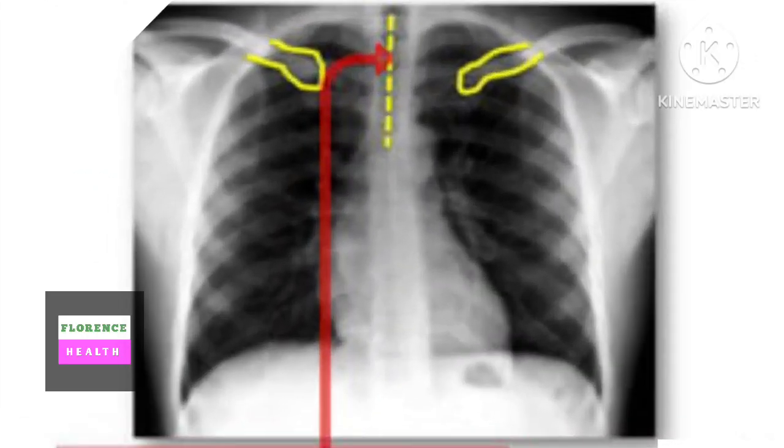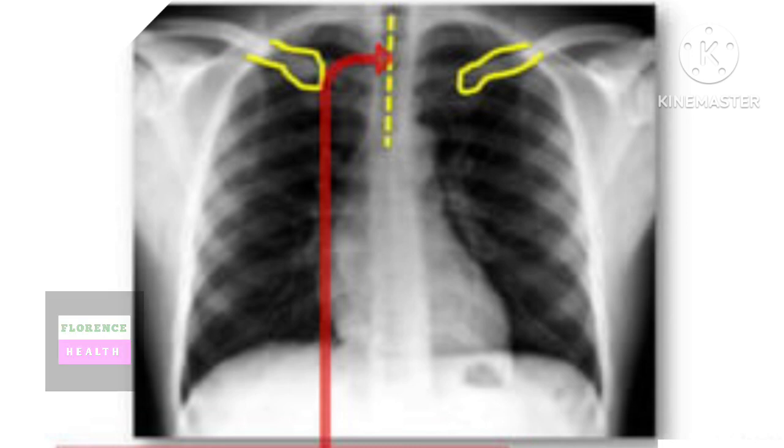Look at the imaginary line drawn by joining the spinous process of each thoracic vertebra. This X-ray is a rotated X-ray as both clavicular heads are not at equal level and both are not equidistant from this imaginary line.